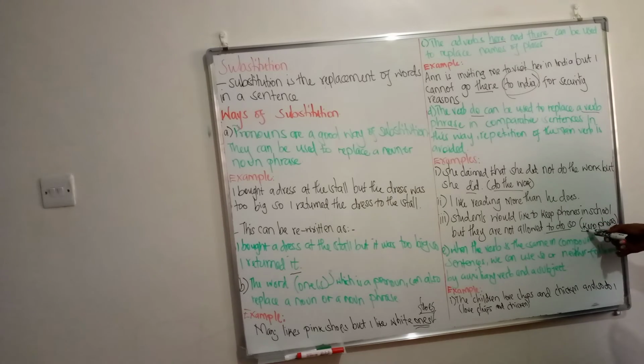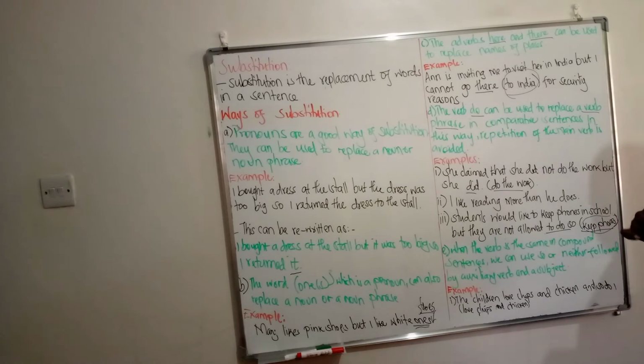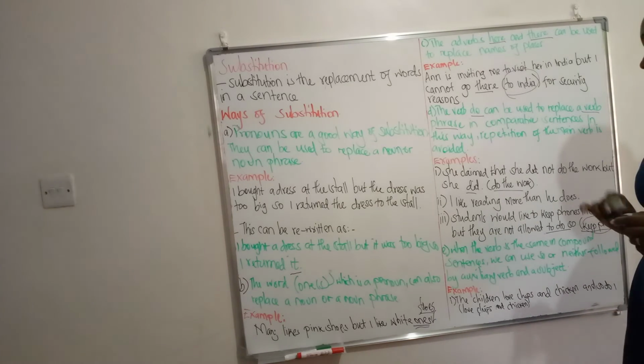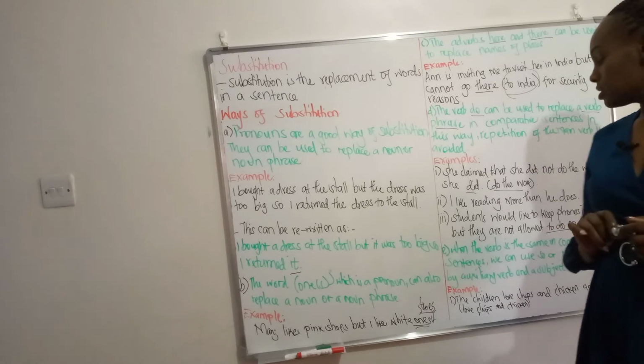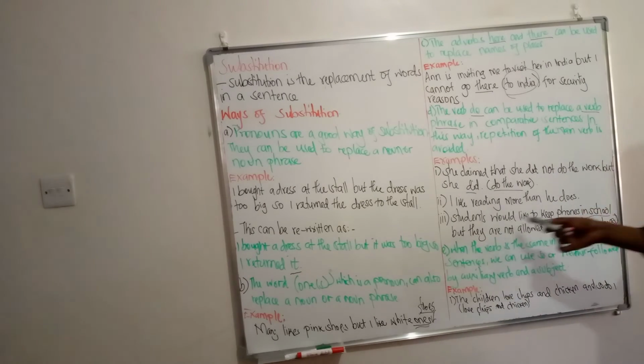Now, when you write to keep phones, it will be a lot of repetition, and so you end up substituting to avoid the repetition, and your sentence becomes, students would like to keep phones in school, but they are not allowed to do so.